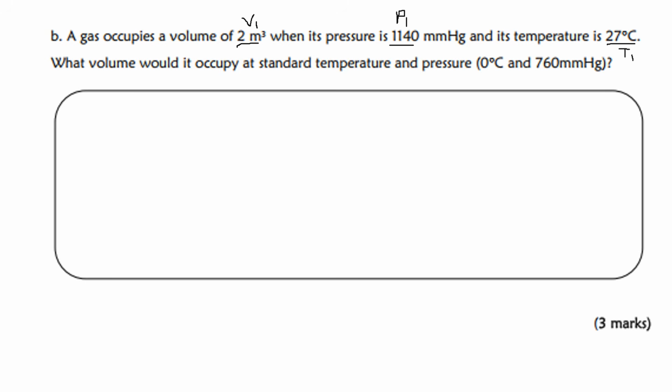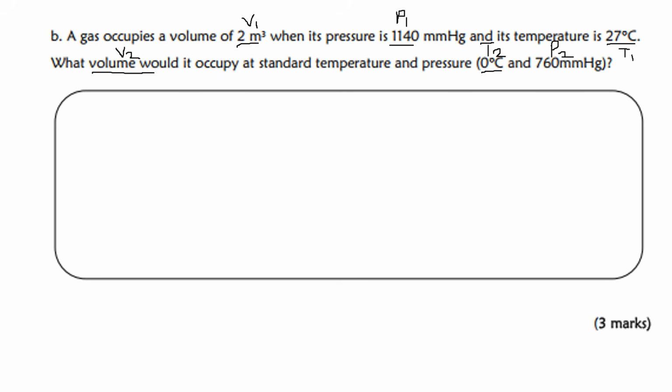We are asked to calculate its volume, in other words the final volume, V2, that would be occupied at standard temperature and pressure. So this is T2, and this over here is the final pressure, call it P2.